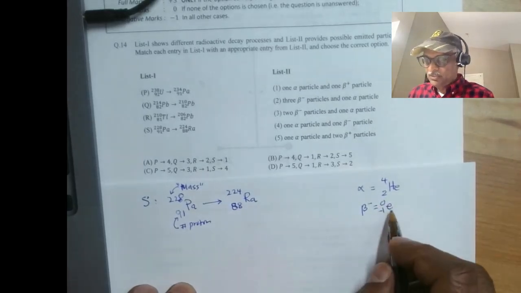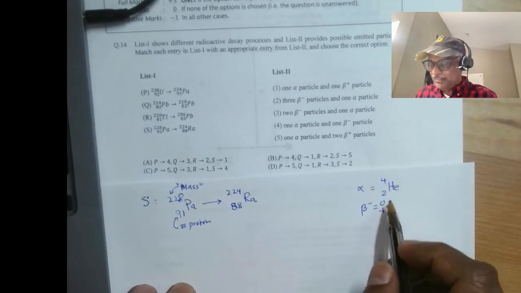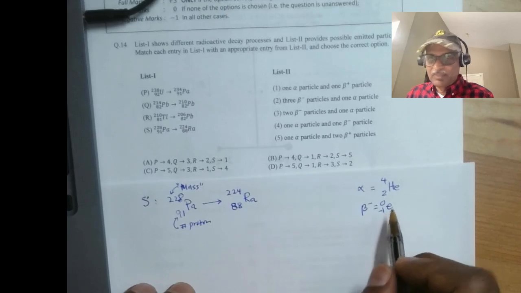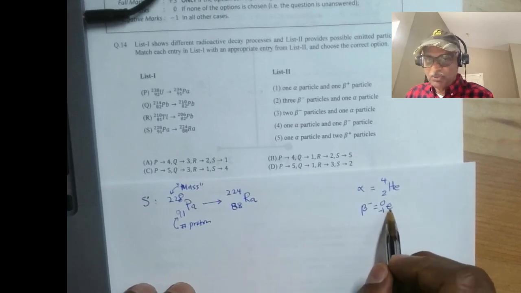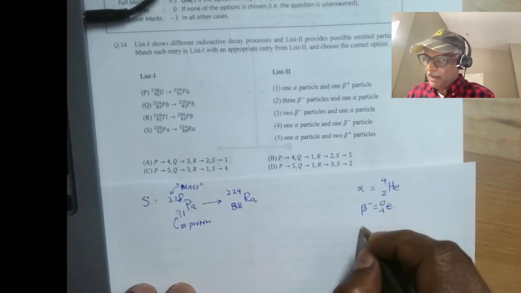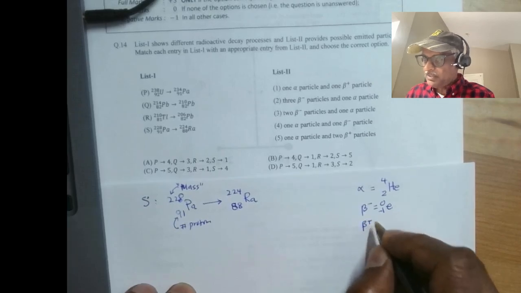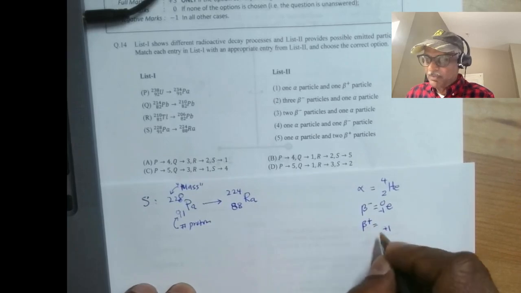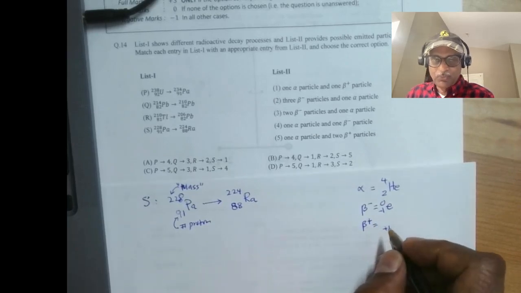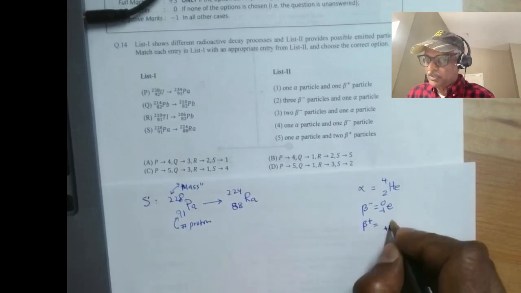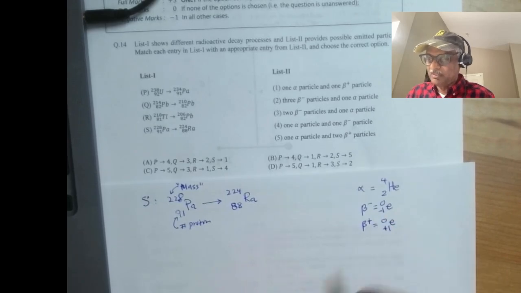It's effectively 0 because an electron is not as heavy as a proton or neutron. Beta plus is the antiparticle of the electron, which is the positron. Its charge will be +1, but it is otherwise just like an electron. So these are the things.